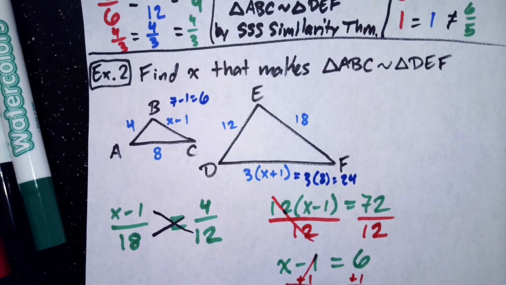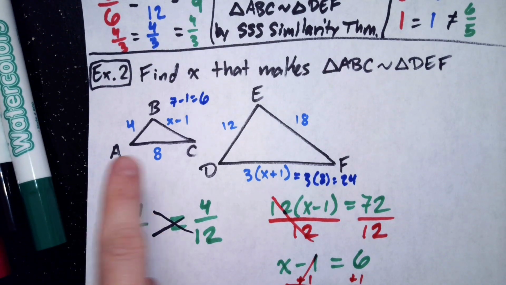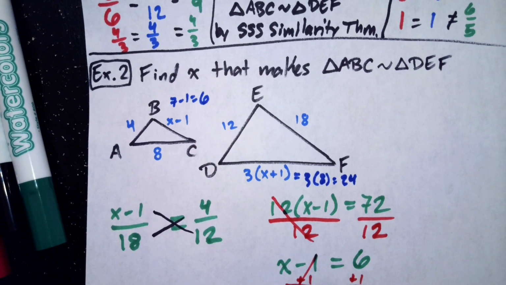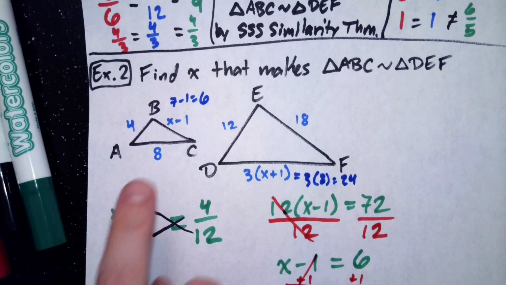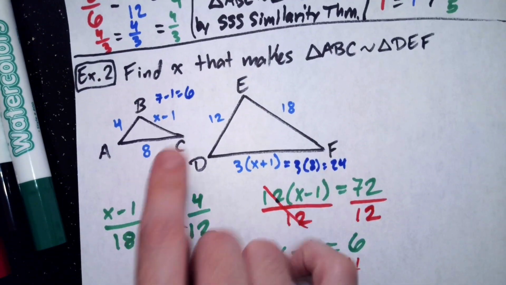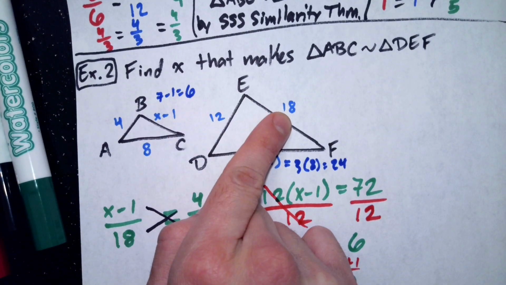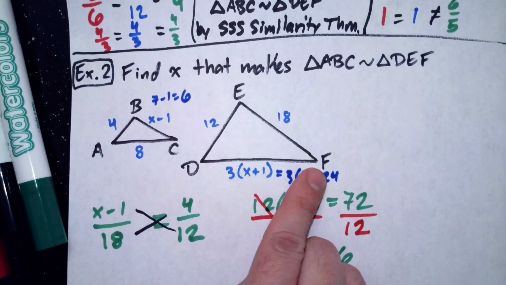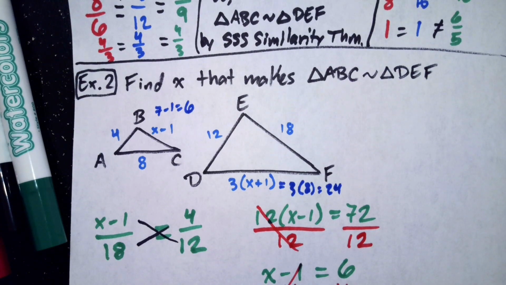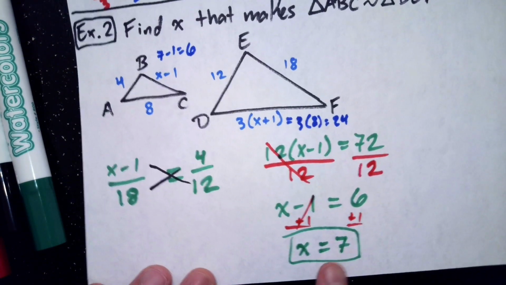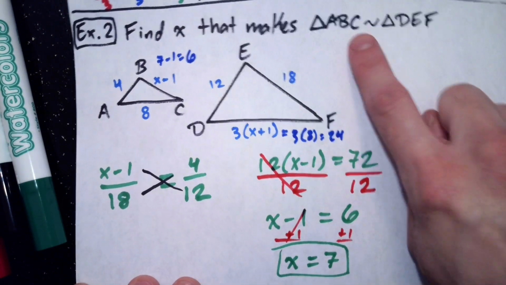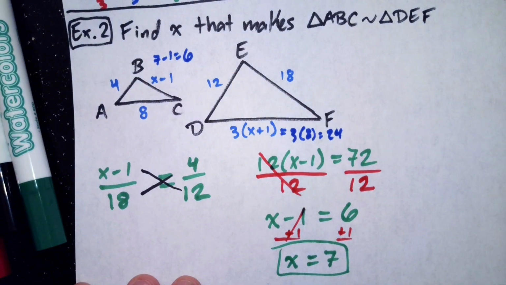So a quick inspection definitely shows that these are in proportion. We have 4 over 12 here. That's 2 over 6, which is 1/3. We do the same thing with the new sides we just found. We're going to get that 6 over 18 is 1/3, and 8 over 24 is 1/3. So this confirms that this is the correct value of x that will make both of these triangles similar.